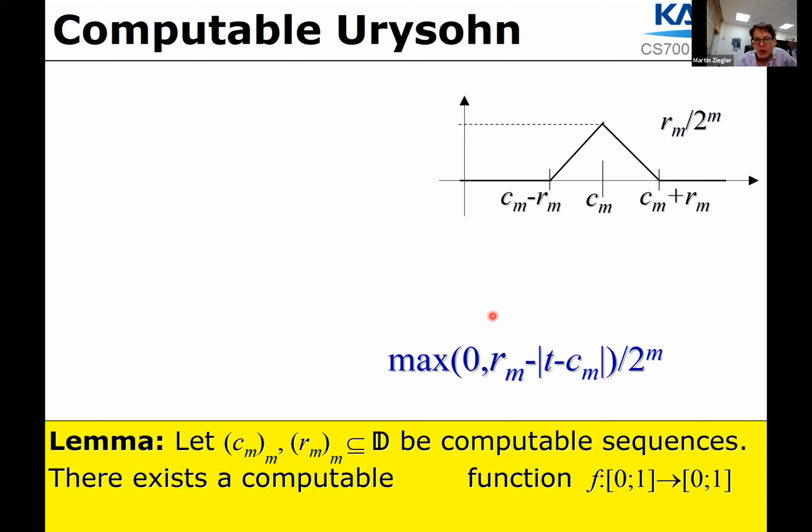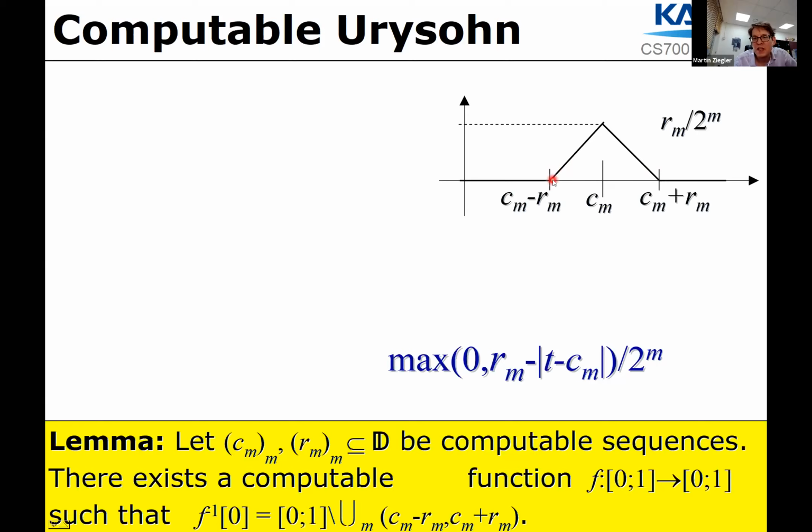So first we're going to prove a lemma. So we're going to consider two computable sequences of dyadic rationals in the sense that you've already discussed before, centers and radii. And the statement says there exists a function whose set of zeros, right, inverse image of 0, are precisely all arguments in the unit interval that do not belong to any of these open intervals from here to here, right?